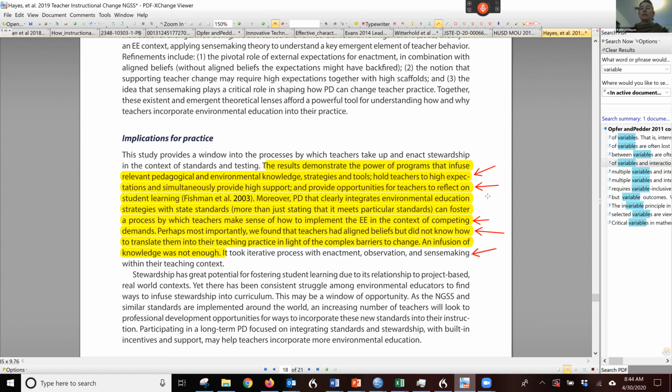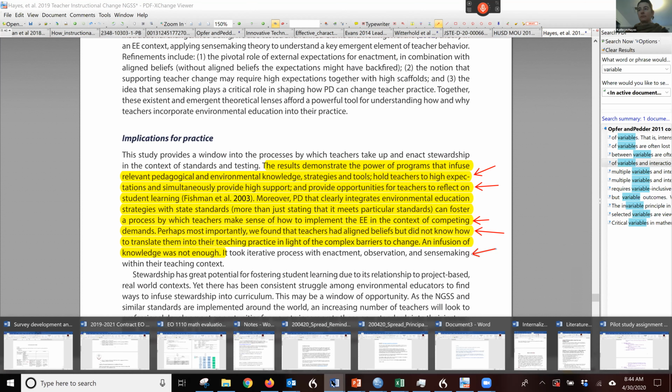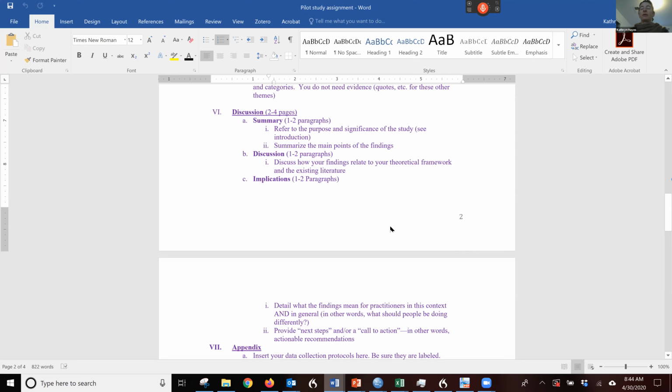As you write your discussion, which I'm going to pull up the assignment again. So again, note that I incorporated the summary and the discussion together. So I summarized the findings, I referred to the purpose briefly, and then I brought the literature and theoretical framework into, like, how does it relate back to the literature? And the reason that you do that is that you are now in conversation with the literature.